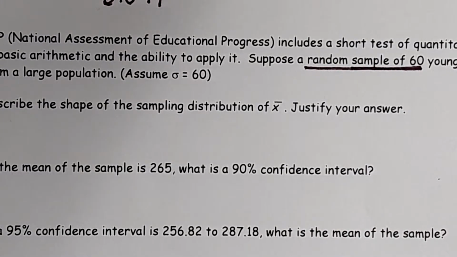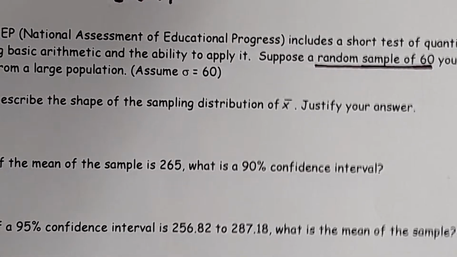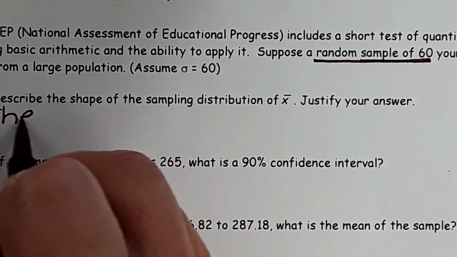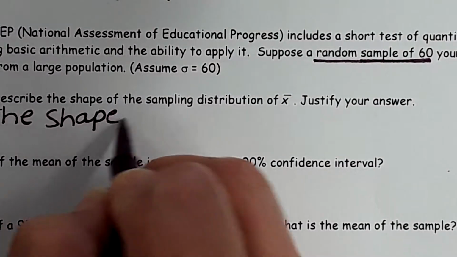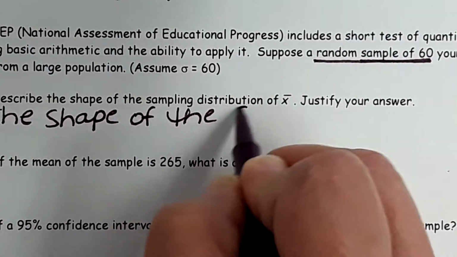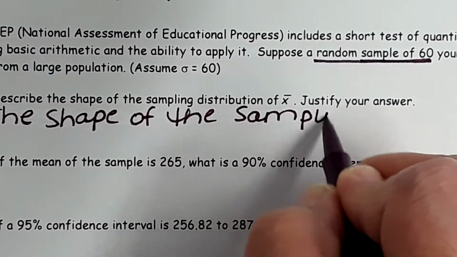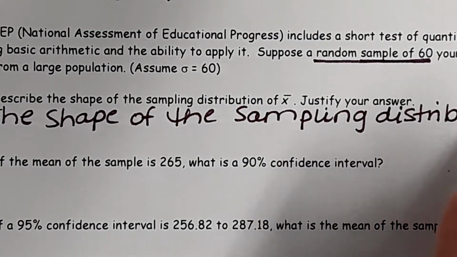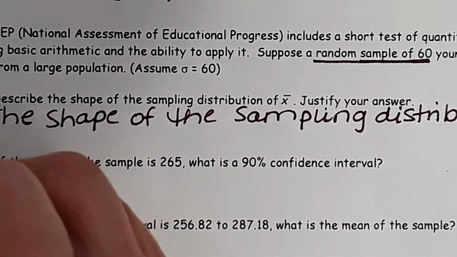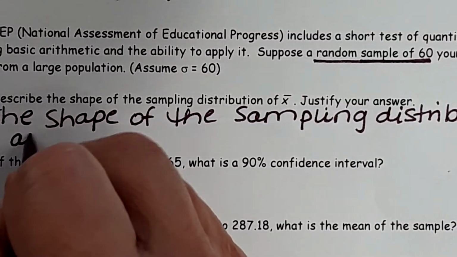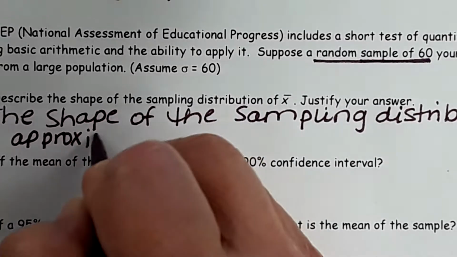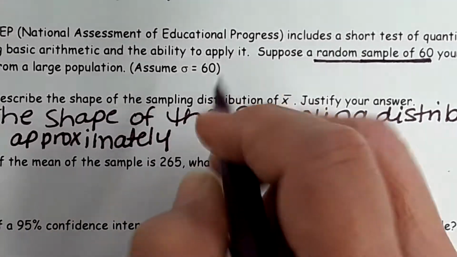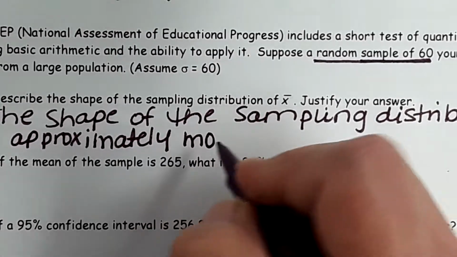Describe the shape of the sampling distribution of X bar and justify your answer. So what's the shape? The shape of the sampling distribution of X bar is approximately normal.